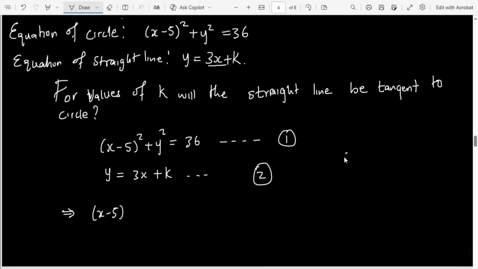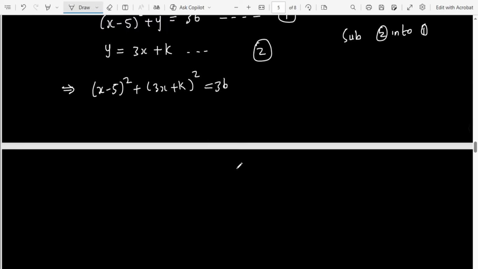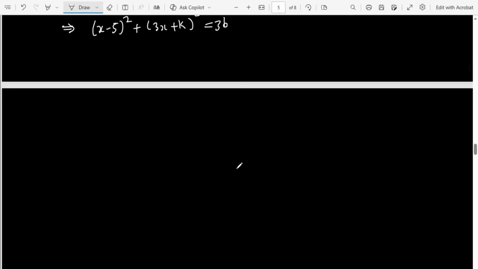We just have to sub equation 2 into equation 1. So where there's y, we need to put 3x plus k. So this will be (x minus 5) squared plus (3x plus k) squared, which is equal to 36. Then we just have to solve that problem.